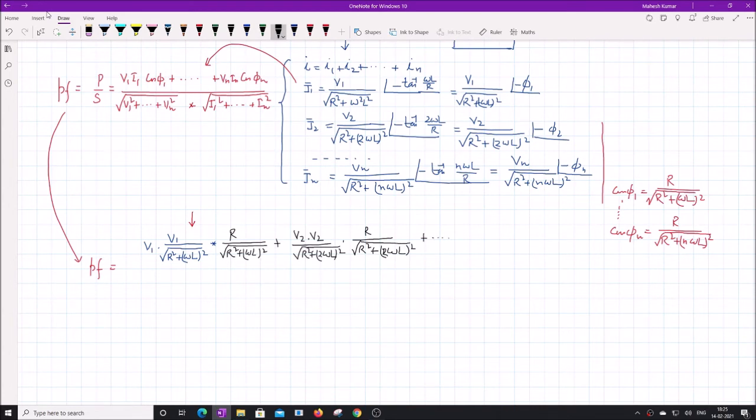This goes till another point, which is R by the square root of R squared plus (nωL) squared, and we will have this voltage term here, so plus Vn into Vn by the square root of R squared plus (nωL) squared.